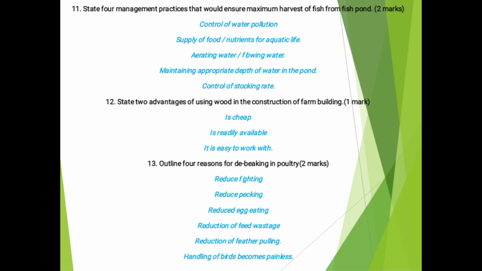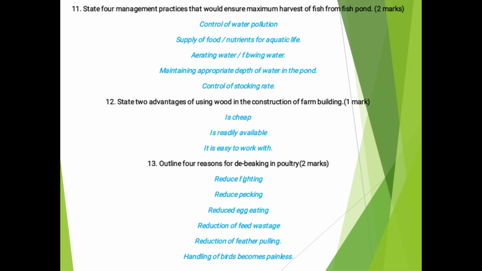State 4 management practices that will ensure maximum harvest of fish from a fish pond. What are some of the practices that you'll do so as to ensure that you get a good catch as you harvest your fish from the fish pond? On the same note, please check on the difference between fish harvesting and fish cropping. So for you to have a maximum harvest, you can control water pollution. You can also supply food or nutrients for the fish or aquatic life.